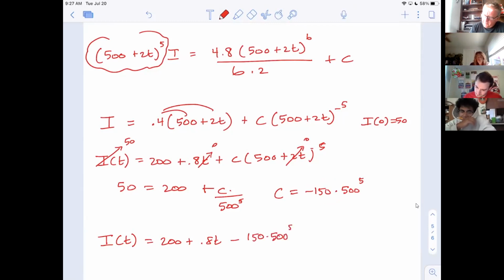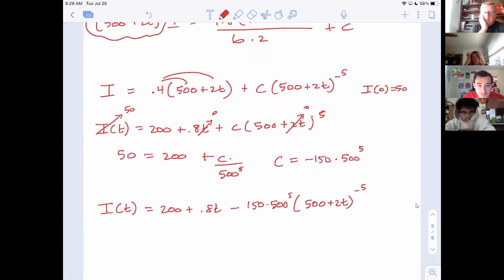Doesn't that feel just kind of astronomically large, almost like, can this really be right? Well, it's astronomically small, isn't it? So 200 plus 0.8t is actually like the real meat of the equation.